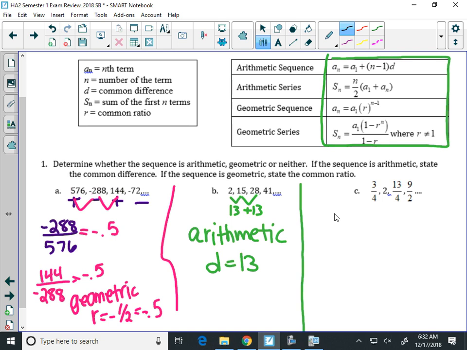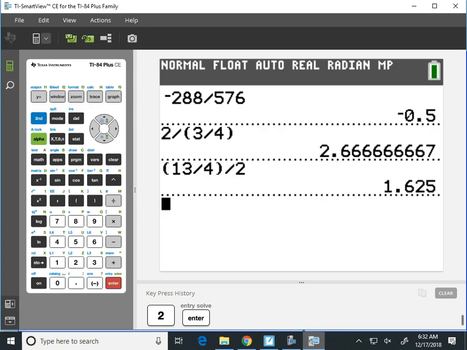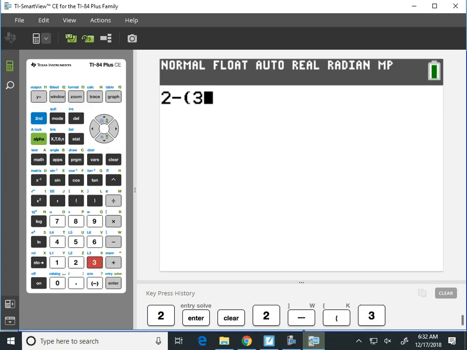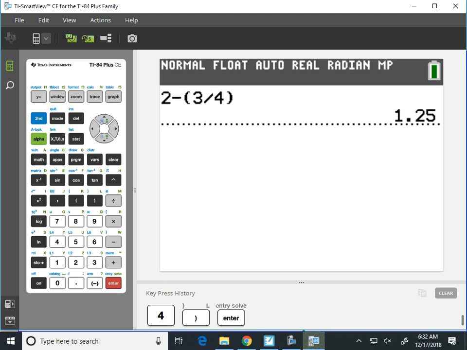So for arithmetic, if we can't find the common difference just by looking at it, you do the same type of thing as we did with geometric. You take the second number minus the first number. So if I do 2, you can probably do this in your head, but if not, 2 minus 3/4, I get 1.25.